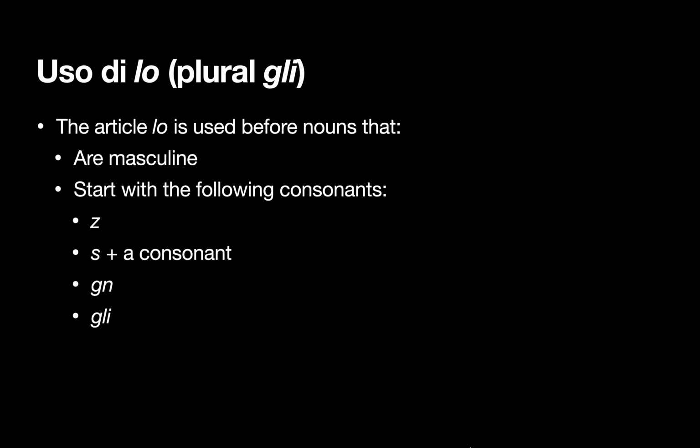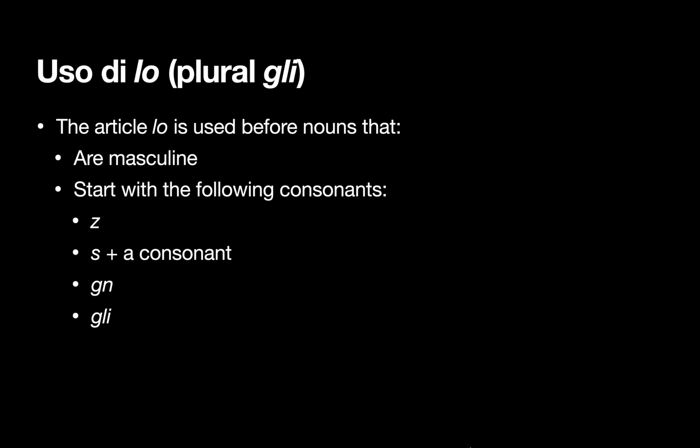Now lo. Lo is what happens with the consonants that aren't covered by the "most." The article lo, whose plural is gli, is used before masculine nouns that start with z, s plus a consonant, gn, or ps. So lo zio.